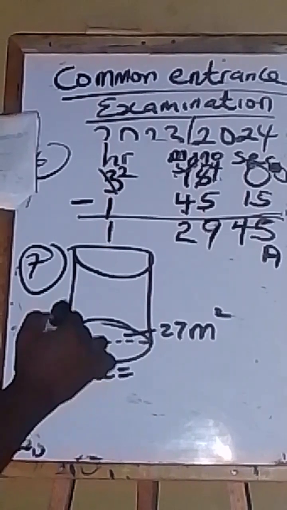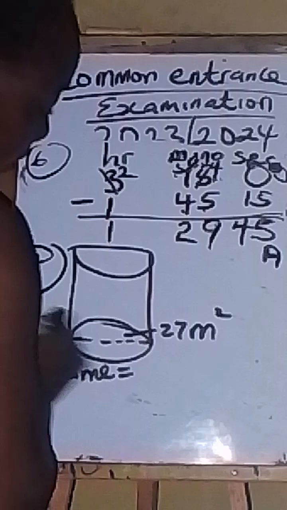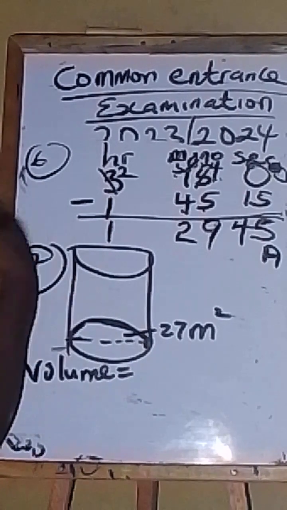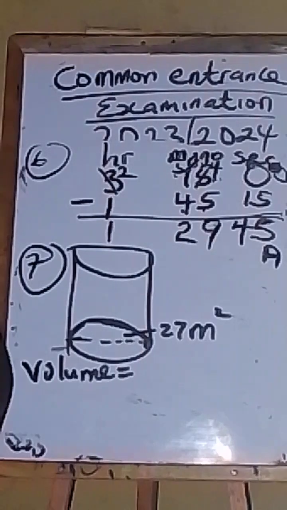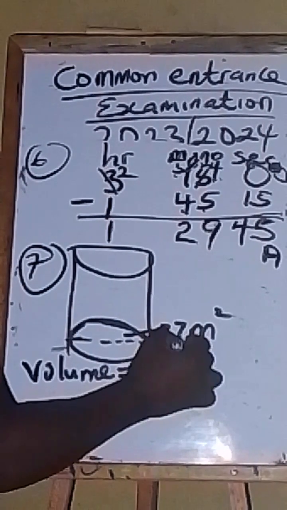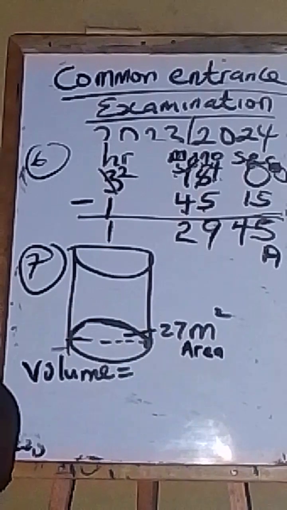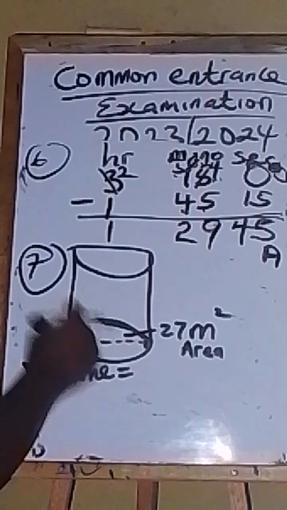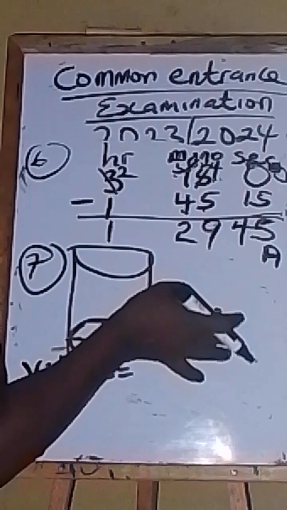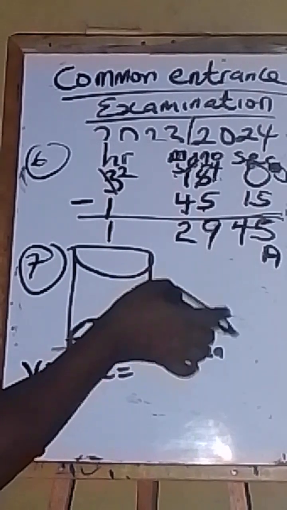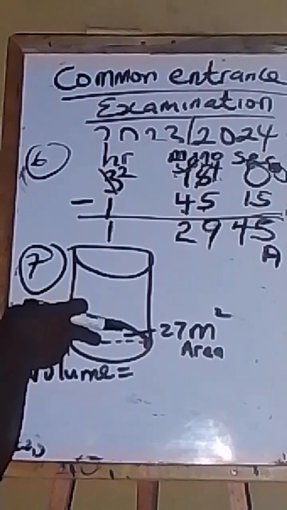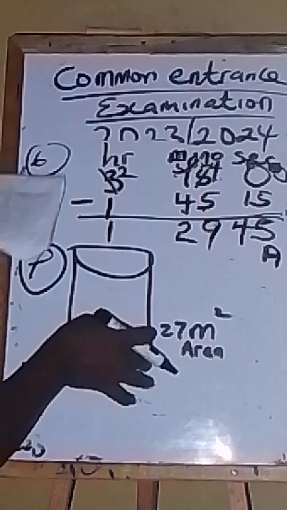So volume of a cylinder. Remember, this is a circle. When given the area, the area can be pi r square, because the area of the circle is pi r square.